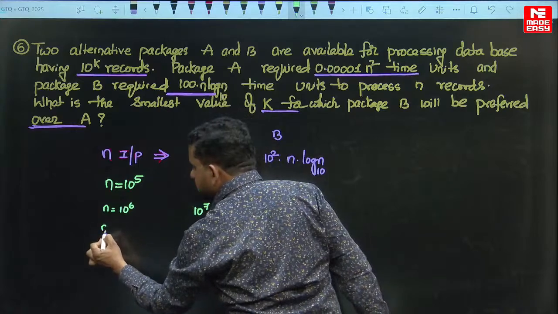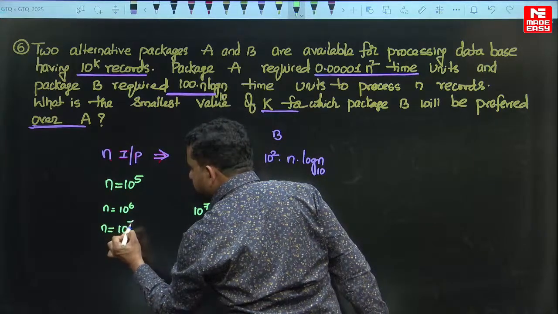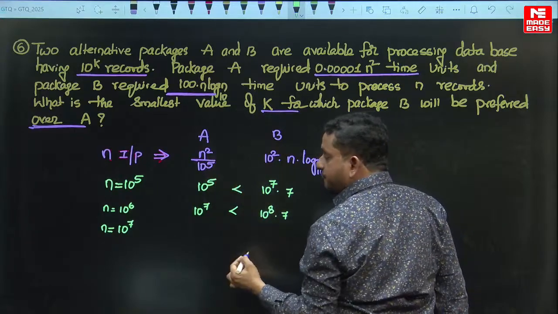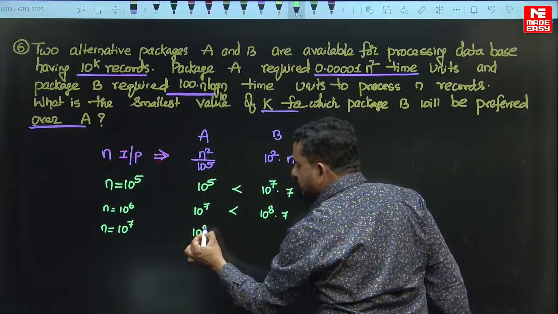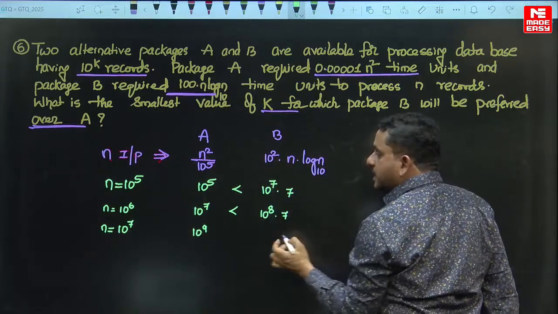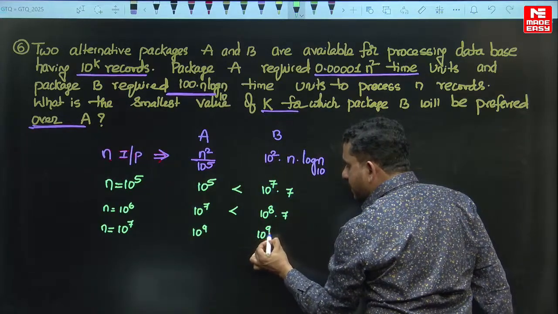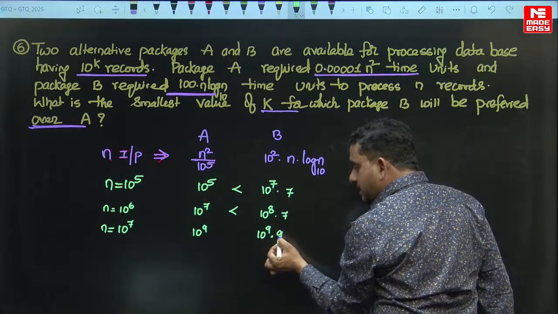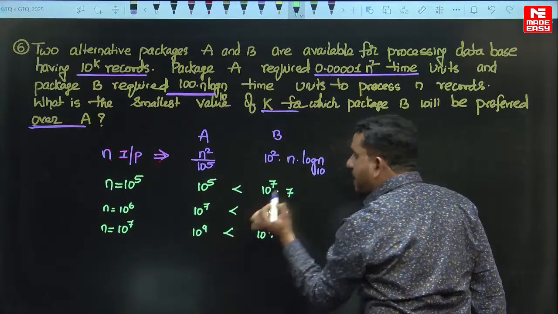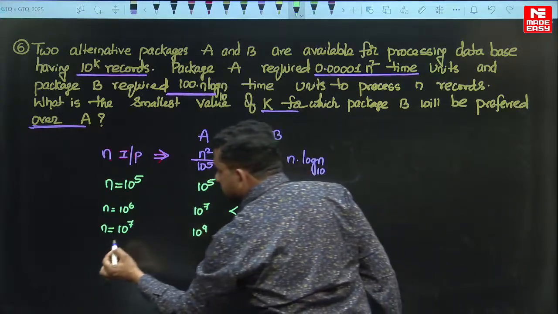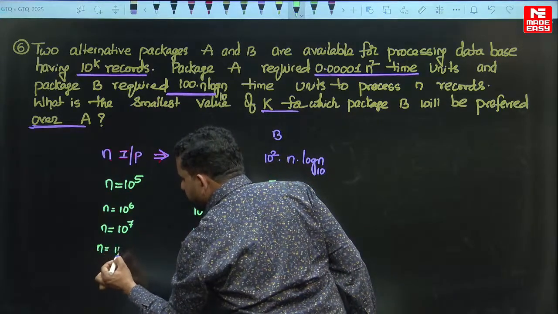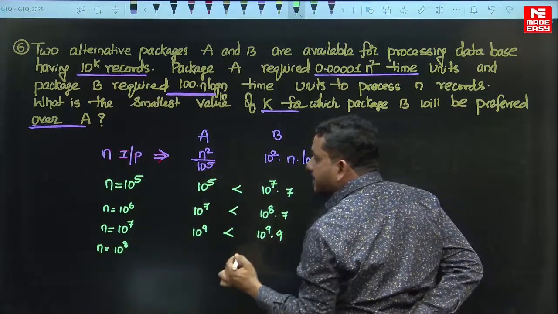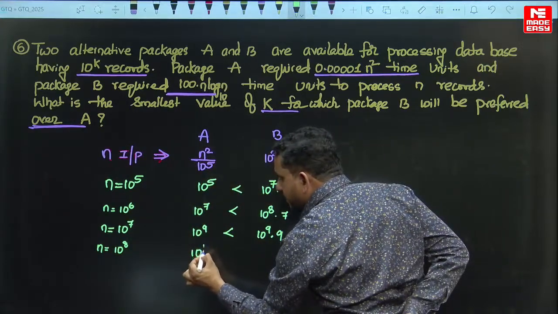If you still increase the n value, if you take 10 power 7, 10 power 7 whole square is 10 power 14, by 10 power 5 is 10 power 9. For B, 10 square multiplied with 10 power 7 is 10 power 9, multiplied with log 10 power 7 base 10, which is 7. Still B is 7 times bigger than A, so package B is more costly. Now take the next value, 10 power 8. 10 power 8 whole square is 10 power 16, by 10 power 5 becomes 10 power 11.